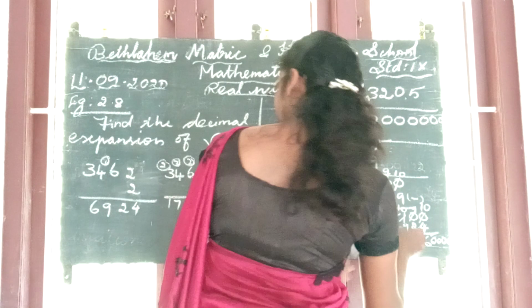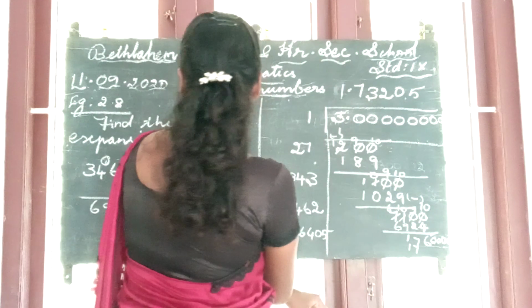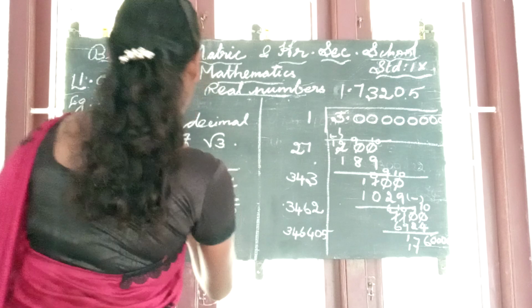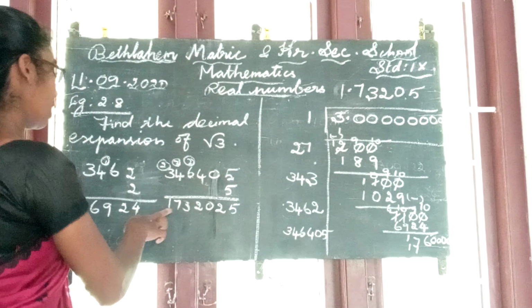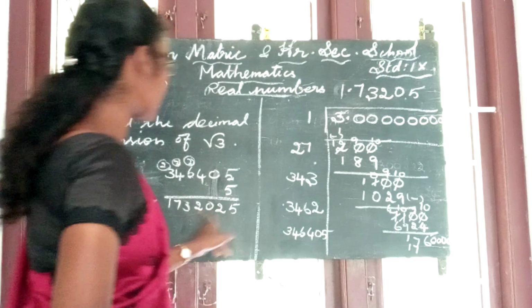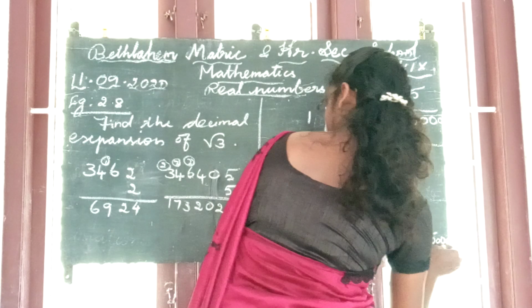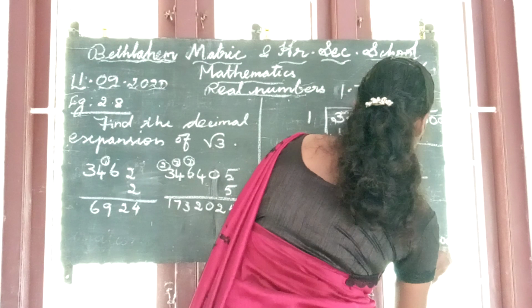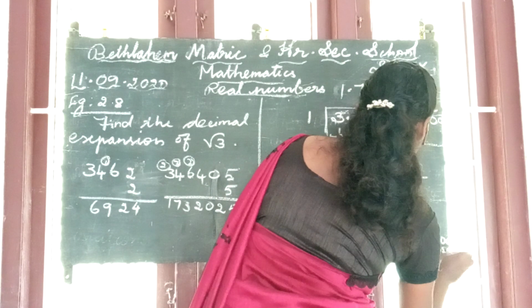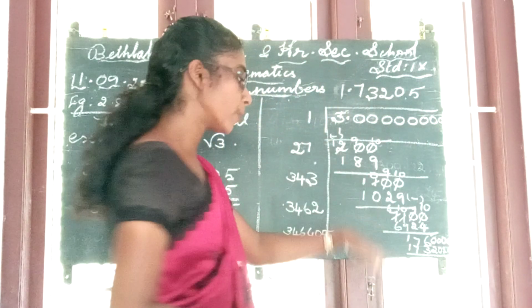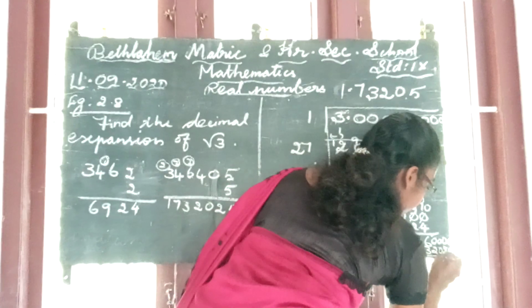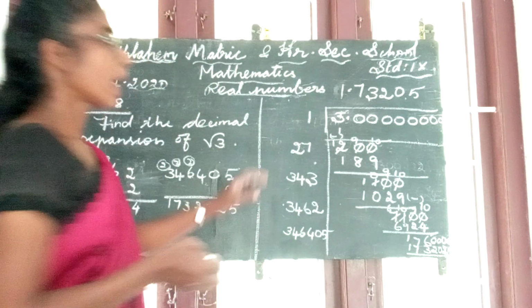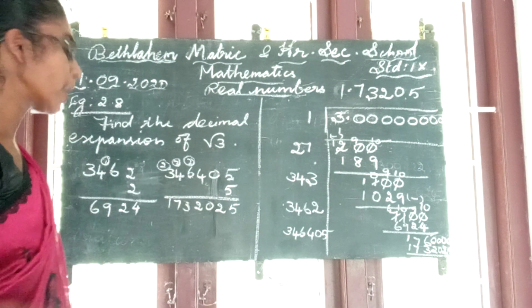Sorry, 1,73,000. 17,32,025. Then also we have to go on with that 2 5. Have you understood that? It will not stop.